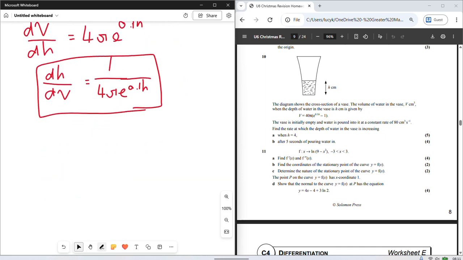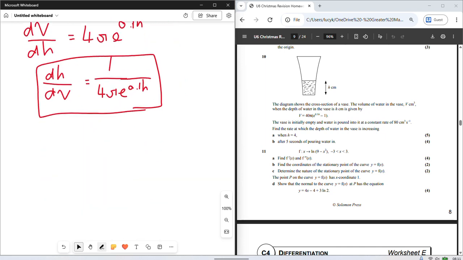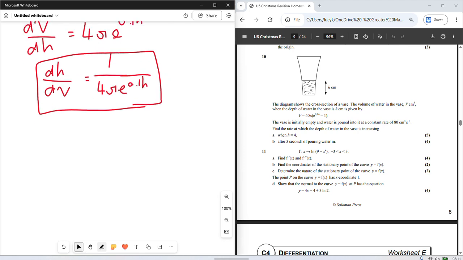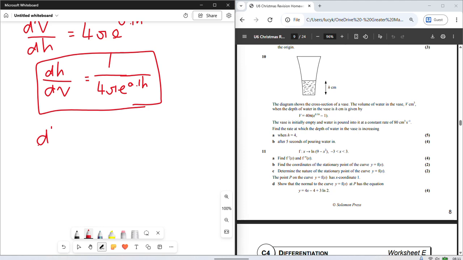So if I want to find dH by dt, I'll rewrite that so you can see where it's come from.